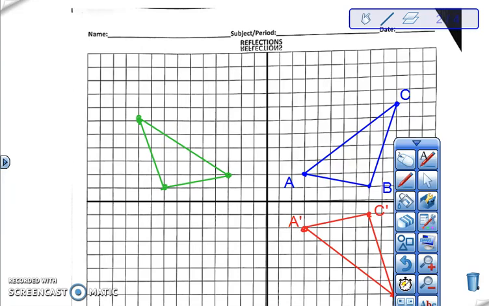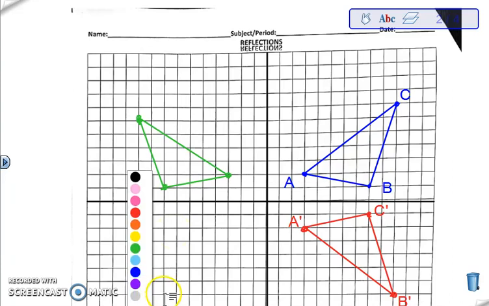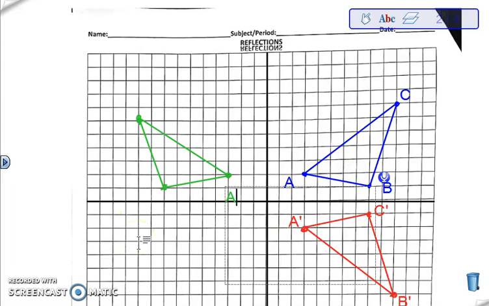And there we go. So again, we want to label with the same 3 letters. But we want to use the little tick marks so that we know that this figure has been transformed and that the ones with the marks are our image.